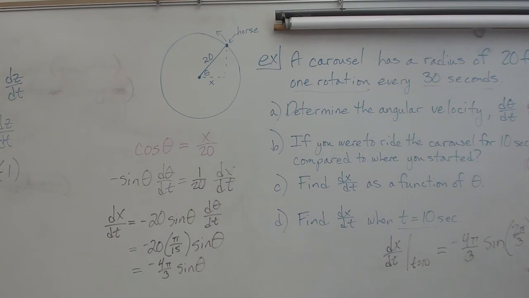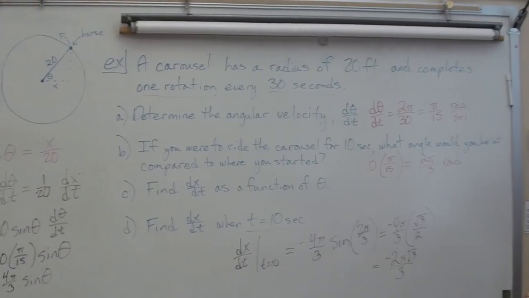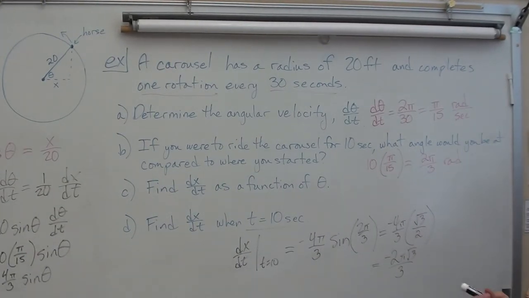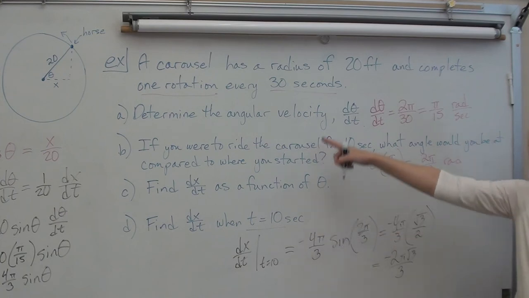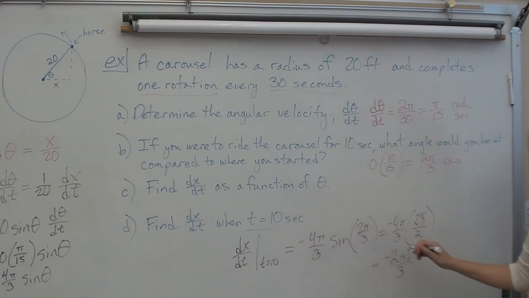So we end up with, just reducing a little bit, negative 2 pi root 3 over 3. What would the units be for dx dt? Feet per second. It's the units of x, which are feet, and the units of time, seconds. Feet per second.